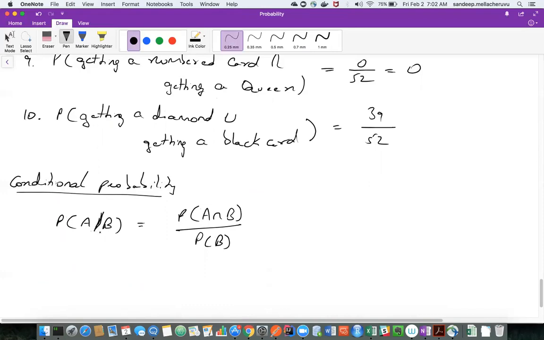When I say conditional probability, the condition here is on B. What I am saying here is probability of A given that you already know that B is present.